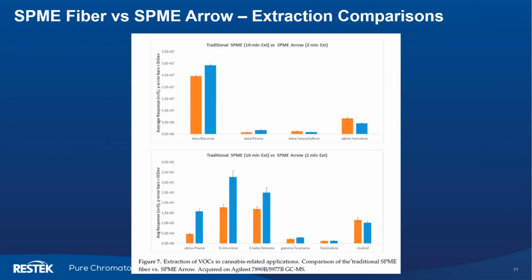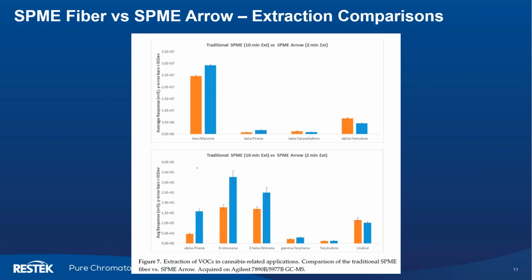To look at the sensitivity differences, here I have a quick graph where we looked at traditional SPME with an extended extraction compared to a SPME arrow with a 2-minute extraction, looking at terpenes in, I believe, cannabis flower, or it might be a reference standard.